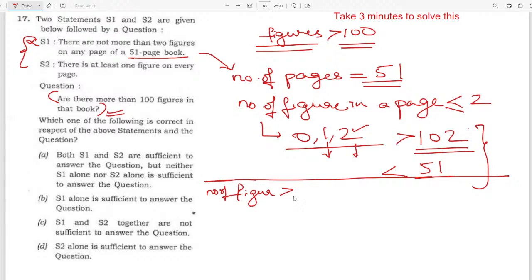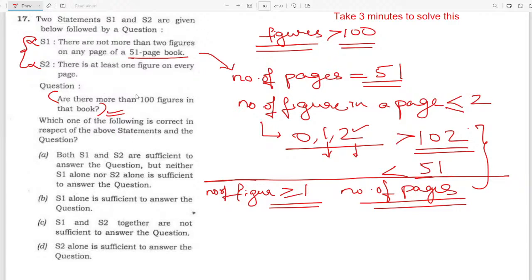It's greater than or equal to 1. But in this statement, they have not given the number of pages. Number of pages we don't know. We know that at least 1 page is there, but how many pages are there, we don't know. So clearly, we cannot answer with this statement.